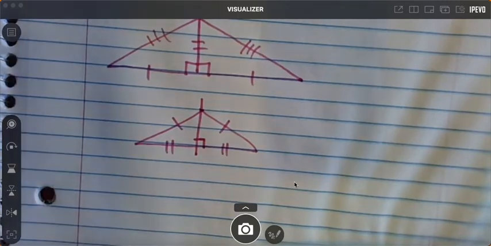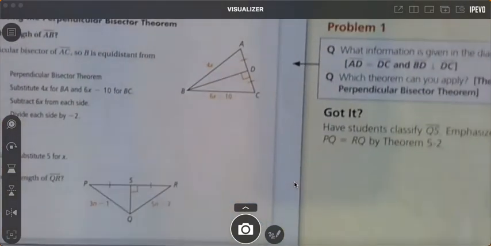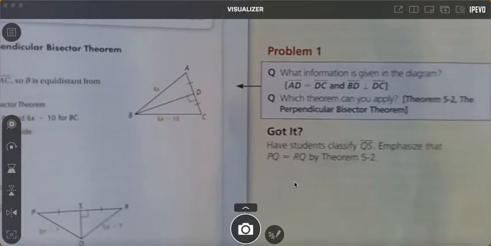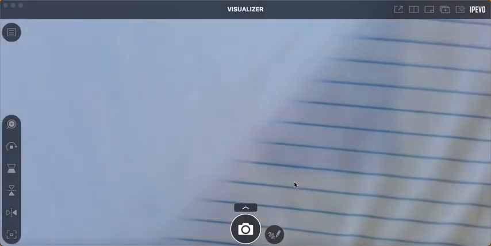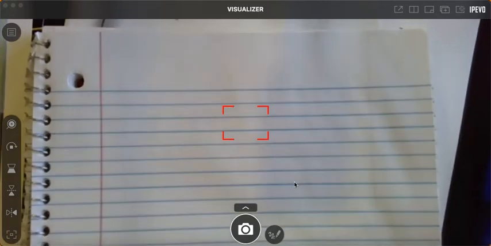All right, so this one, they give us this little triangle right here. Actually, I'm just going to draw the picture so I can write. It's blurry. There we go.